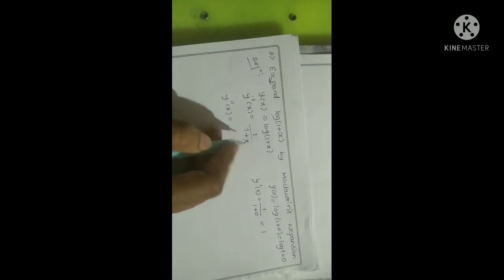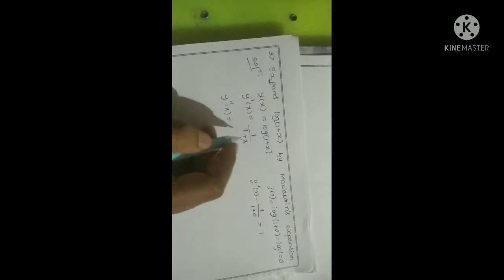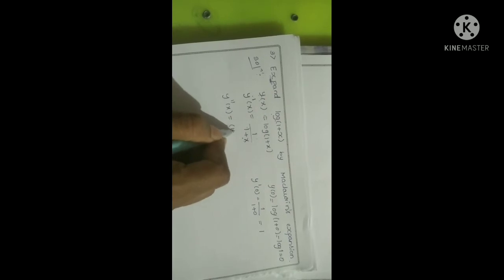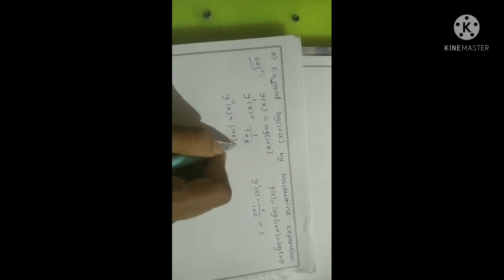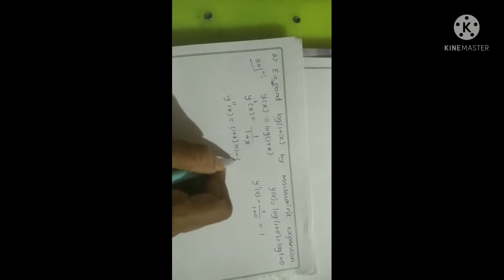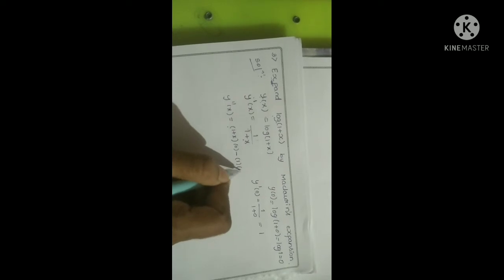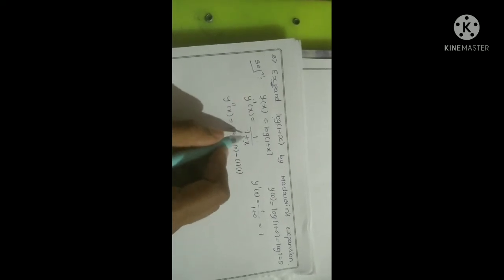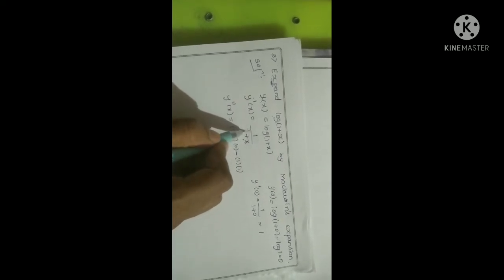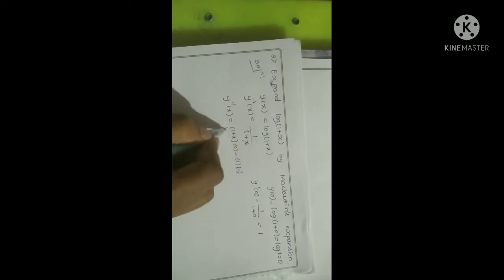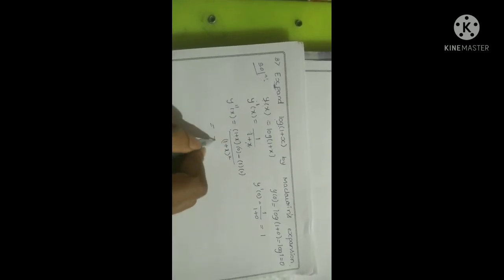First write the denominator as it is, 1 plus x, into differentiation of numerator, that is differentiation of 1 is 0, minus numerator as it is, into differentiation of denominator. Differentiation of 1 is 0, differentiation of x is 1, divided by 1 plus x whole square.